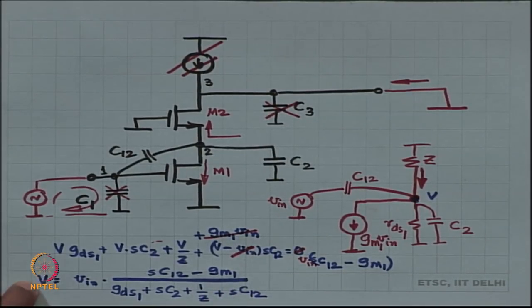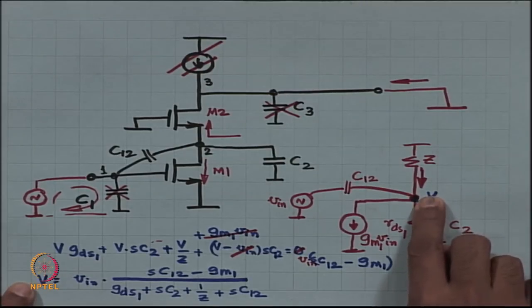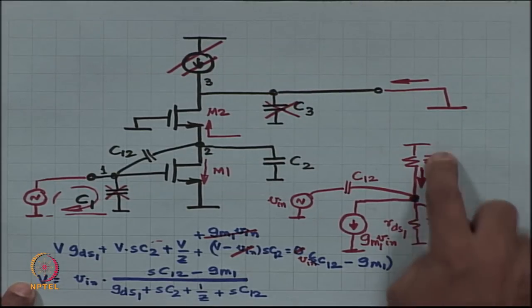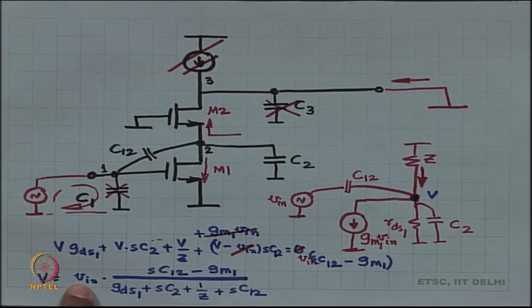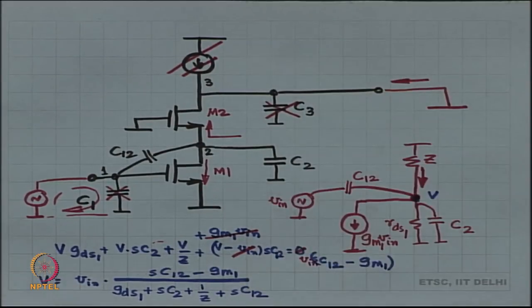So, now I have got V, and guess what, this current is just V by Z, minus V by Z in fact. Okay. So, my short circuit current is V in times 1 by Z, and what is Z?